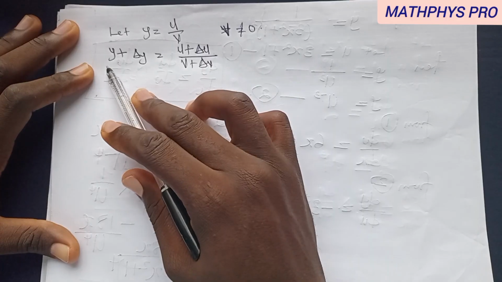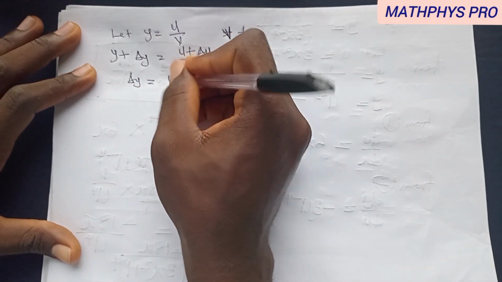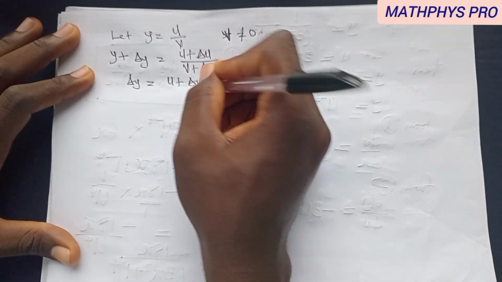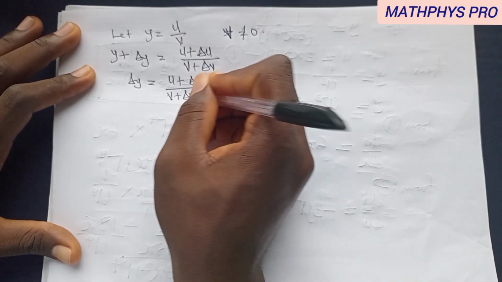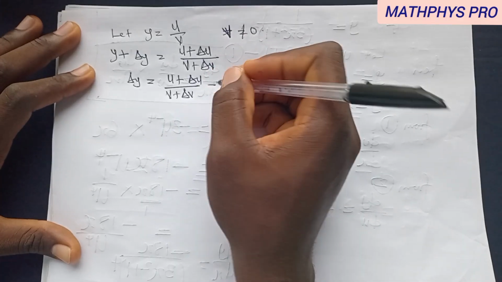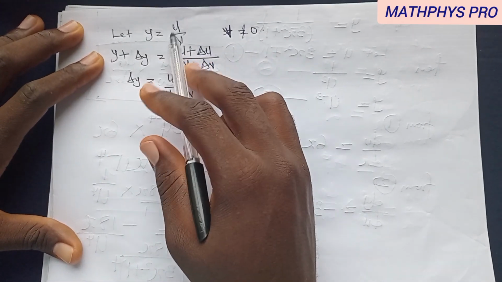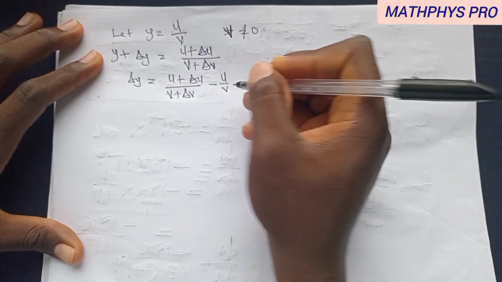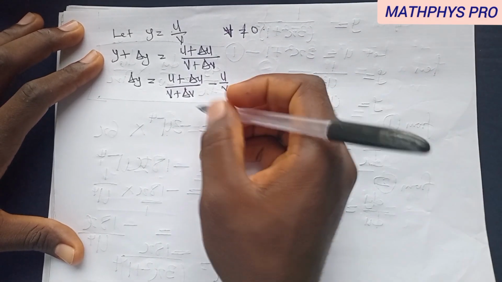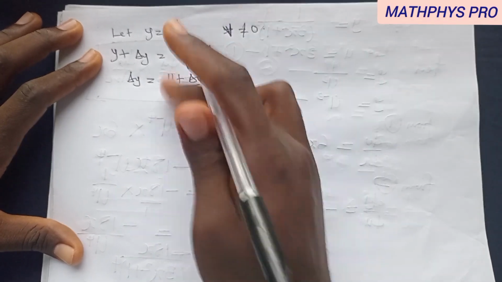So now, if we take y to this other side of the equation, we can say that change in y will be equal to u plus change in u over v plus change in v, minus, remember, as we take y to this other side of the equation, y is equal to u over v. So we'll say minus u over v.